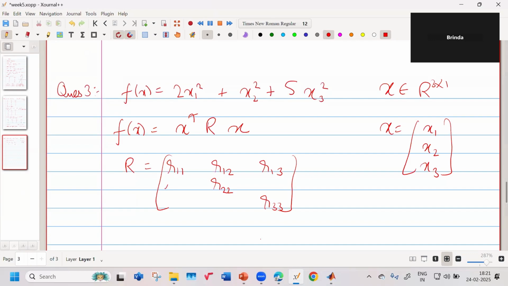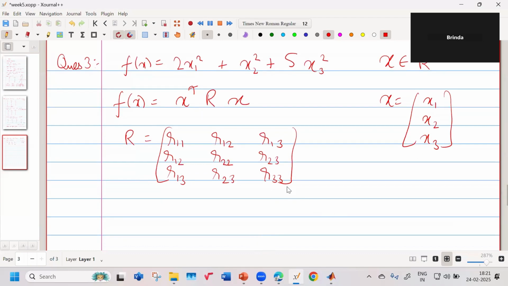All the off-diagonal elements are symmetric. So if this is R12, this also will be R12. This is R13, this will be R13. Let us say this is R23, so this will be R23. Okay, so this is the matrix. So now what is x transpose Rx?